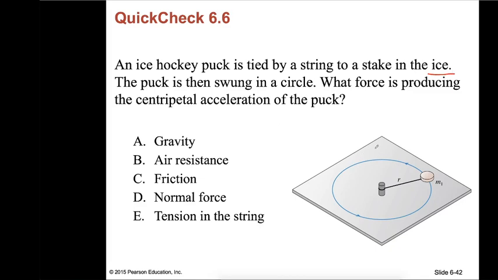So if there's no friction, what is providing the acceleration? And of course, the acceleration is always pointing to the center of the circular motion. And then it's not difficult to think that the string will provide the tension, or the centripetal force. Because if you cut the string, you can imagine it won't have this circular motion. The puck will just go away straight if there's no tension force.